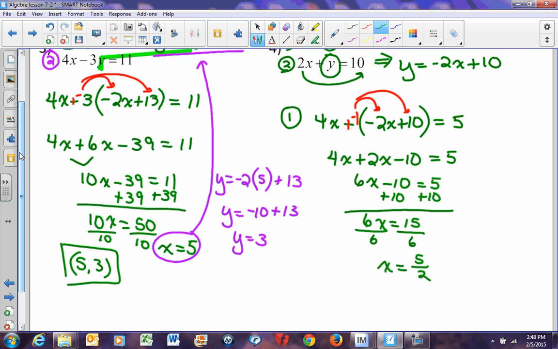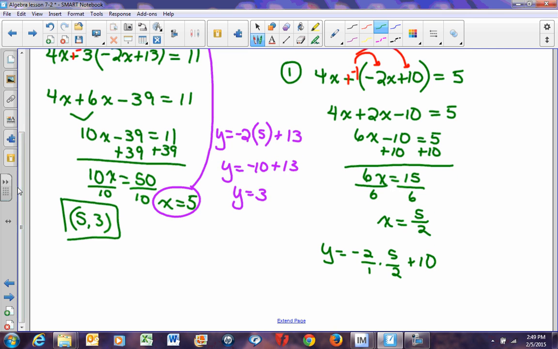So we're going to plug this back in. So y will equal negative 2/1 times 5/2 plus 10. That's what it tells me to do. Since I'm multiplying, this can cancel with this. So I'm going to have y equals negative 5 plus 10, so y equals 5.